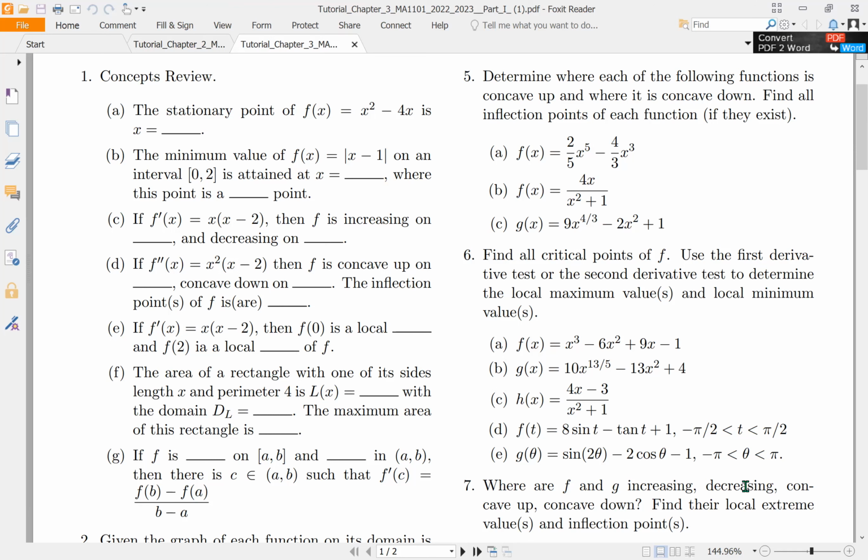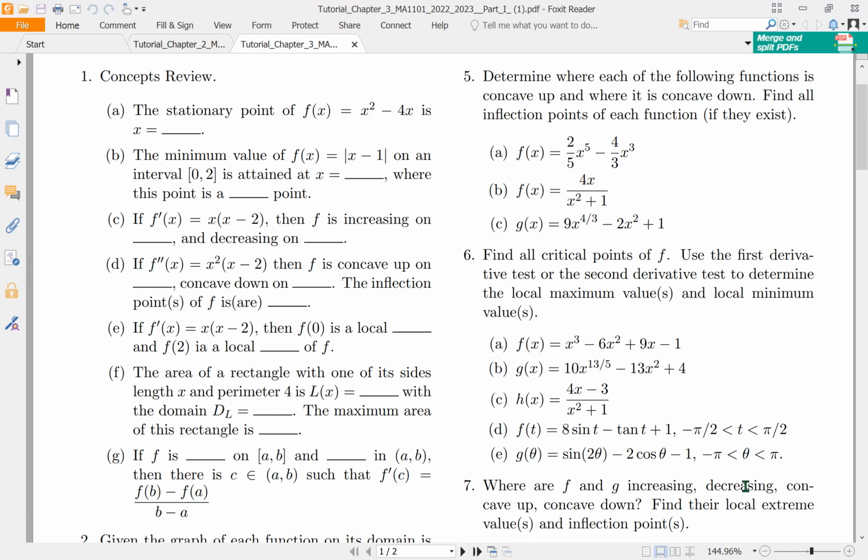The stationary point is the point x for which f prime of x equals 0. So it is the point on the curve where its tangent line is horizontal, or the gradient of the tangent line is 0.